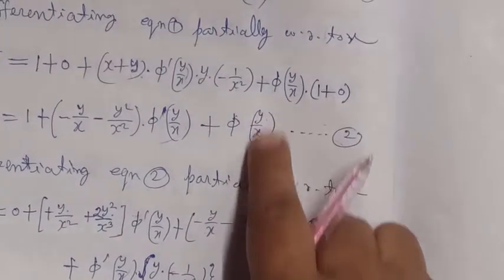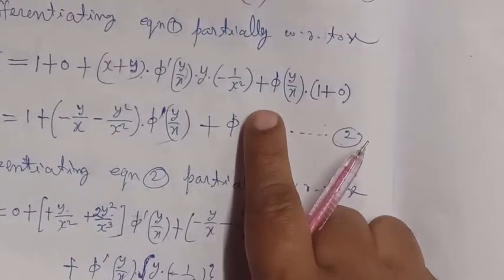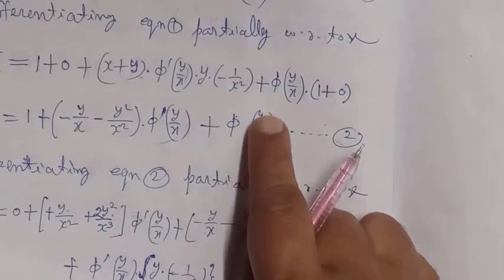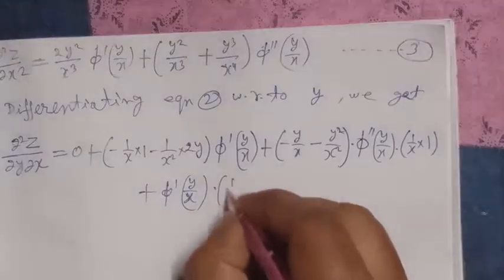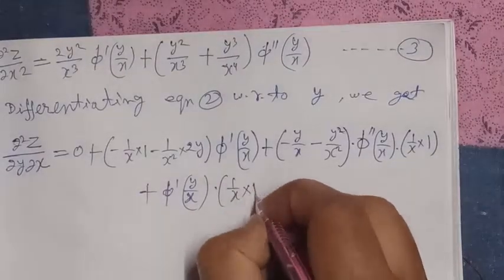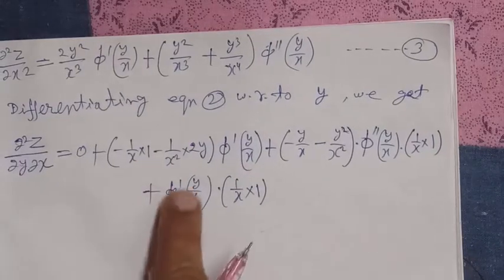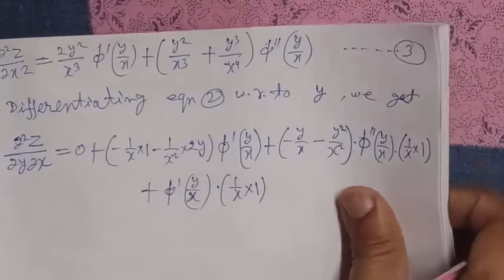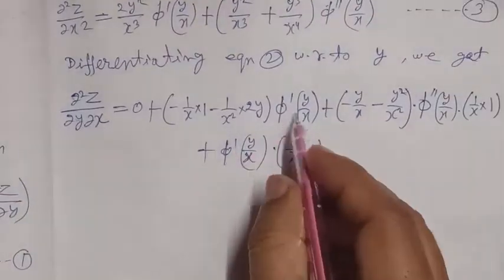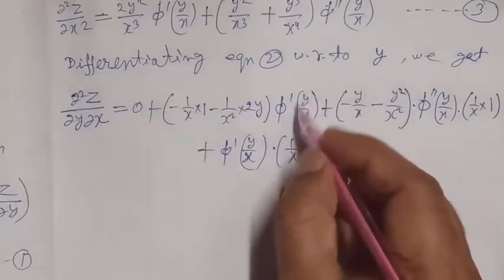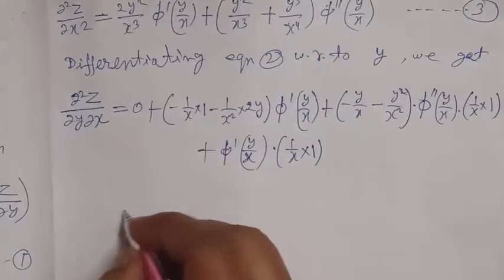So by chain rule we must differentiate it as previously: 1 upon x as a constant, and differentiation of y with respect to y is equal to 1. Now I calculate, I collect the coefficient of phi dash y upon x.